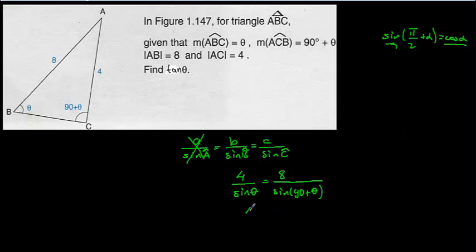So 4 over sine theta is equal to 8 over cosine theta.